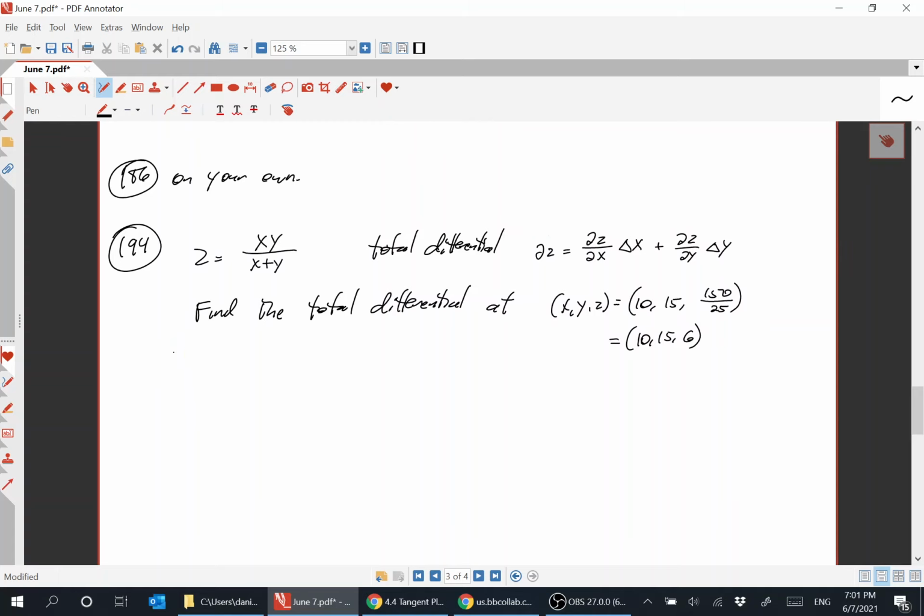So first thing we need to do is find those partial derivatives. So partial z with respect to x. Okay, so x is the variable, y is constant. So let's use the quotient rule. Derivative of the top with respect to x is just y, since x is variable and y is constant.